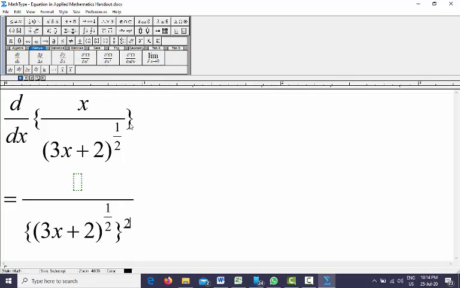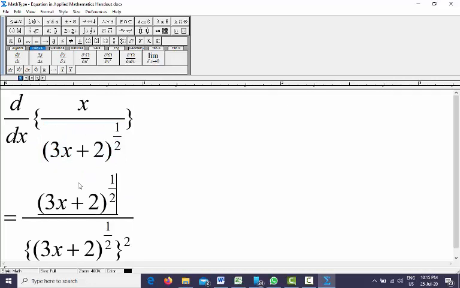Whatever you have in the denominator, you should also write in the numerator first, and then write d by dx.